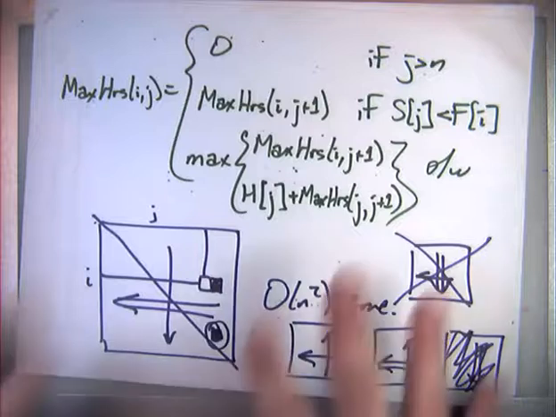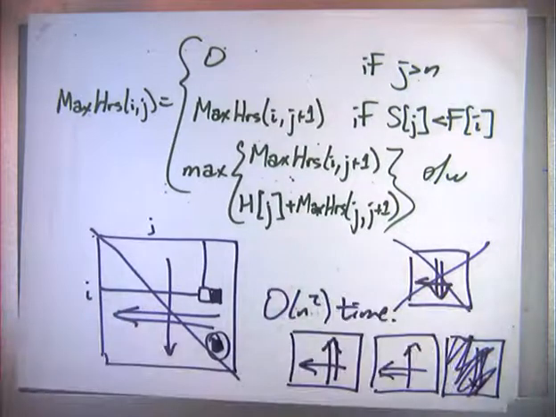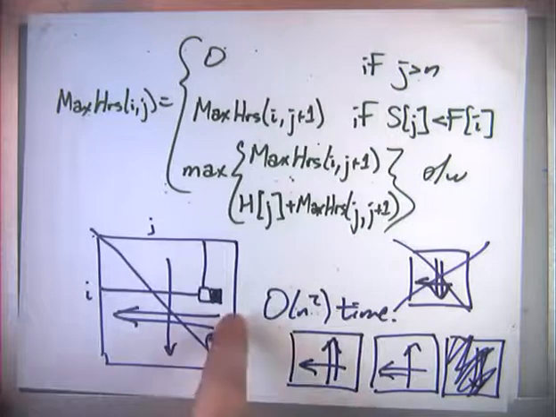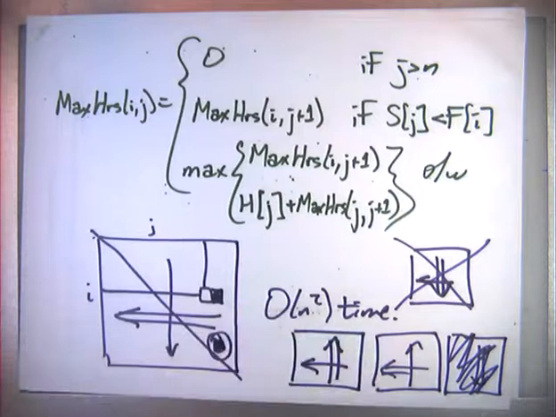Right, so if you wanted to implement this dynamic programming algorithm in code, you would have to fill in this array for all values of i and j. So you're going to have two for loops: for i equals 1 to n, either in increasing or decreasing order, and for j equals 1 to n in either decreasing or increasing order. And you have a choice about whether you have i as the outer loop or j as the outer loop.